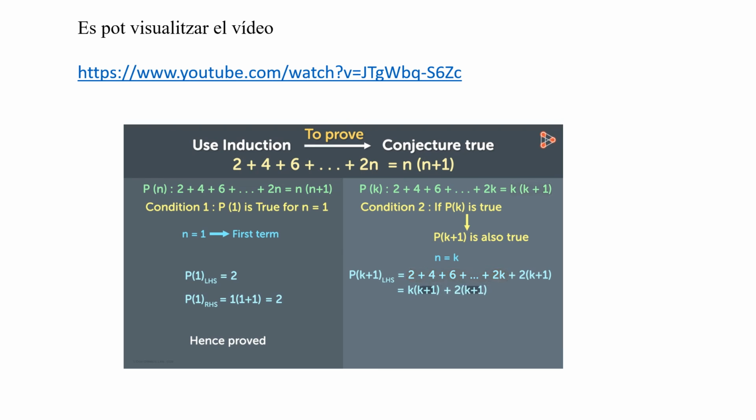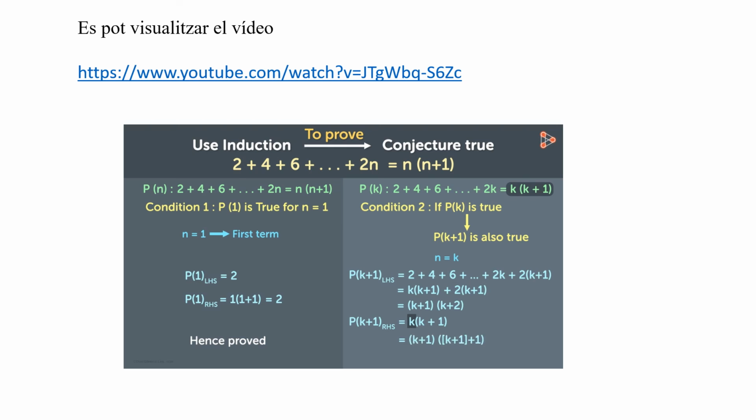We see that the part k plus 1 is common to both the terms. Hence, this can be simplified to k plus 1 times k plus 2. Now, to calculate the right-hand side, we replace the k with k plus 1 in this expression. Hence, we get the right-hand side of P of k plus 1 as k plus 1 multiplied by k plus 1 plus 1.